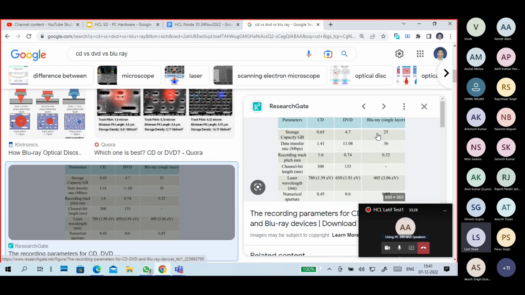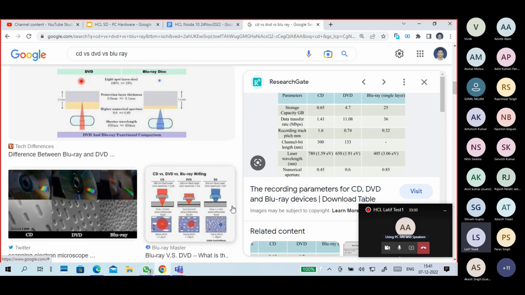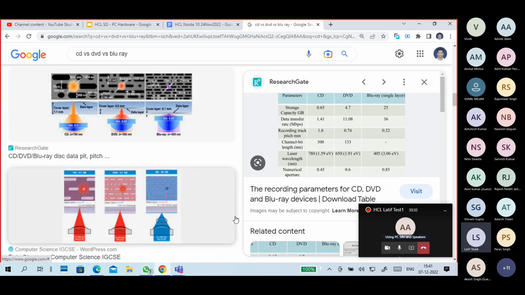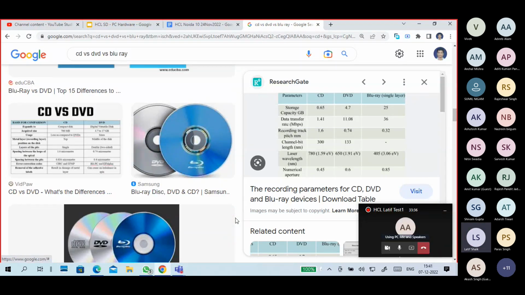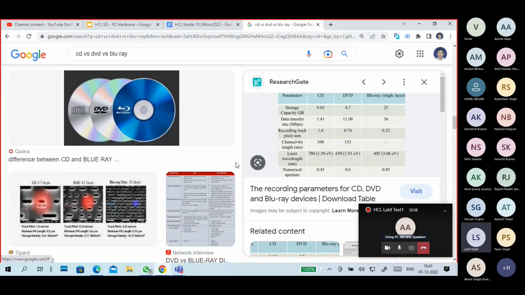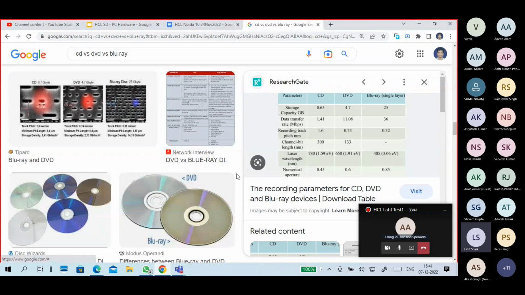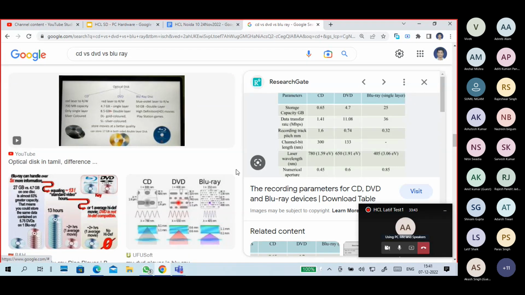Of course Blu-ray was released, but the cost of Blu-ray and the players or writers is high.